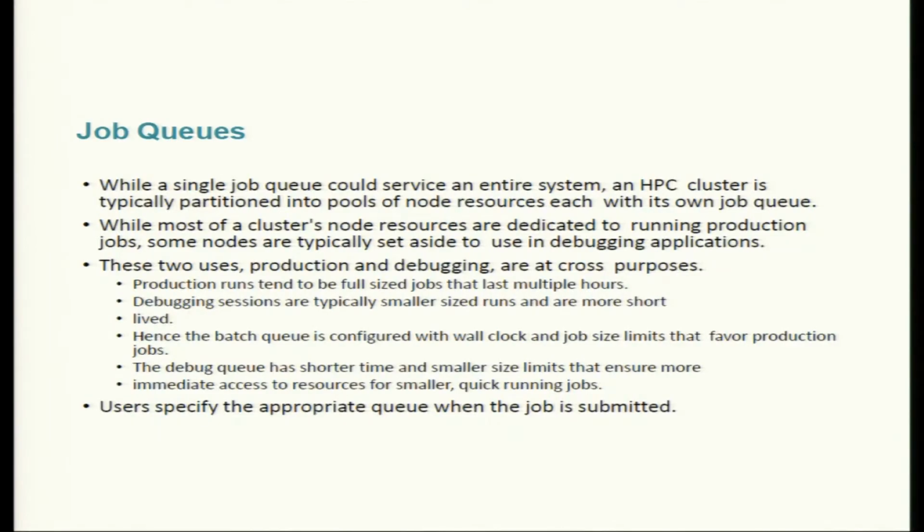So sometimes we have to debug the application. We have to interactively access, actually go to the nodes and run the job interactively there. For that we require interactive access. When a user has to submit a job, he or she must select a queue for that.